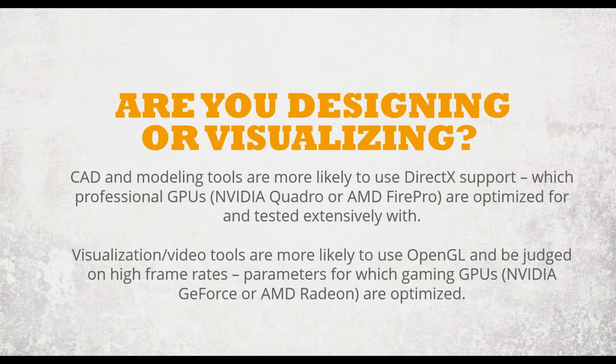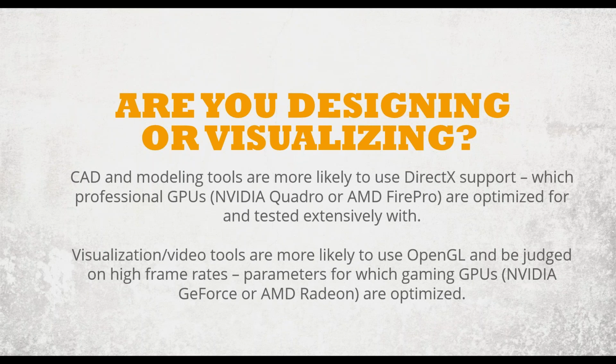If, however, your principal tasking is to do visualization or to produce animations or videos or do video editing, then you're much more likely to be using application tools like something from Adobe, for example, or Camtasia. Those are much more likely to use OpenGL, and you're much more likely to gauge the performance of that software based on frame rates.